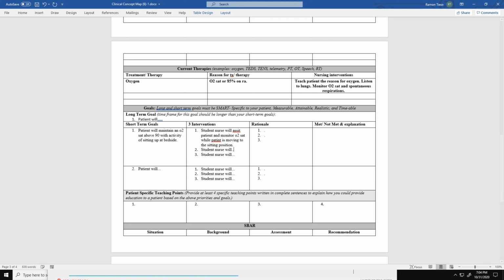You might want to also teach patient to take several deep breaths before the activity. Right, so they might want to hyperoxygenate before they go to sit up.